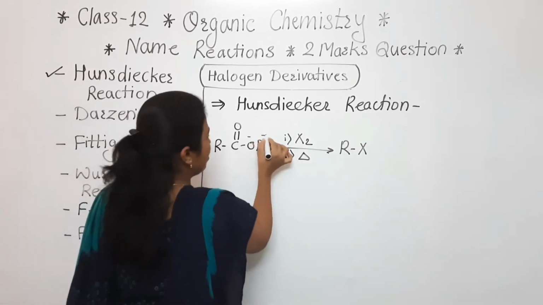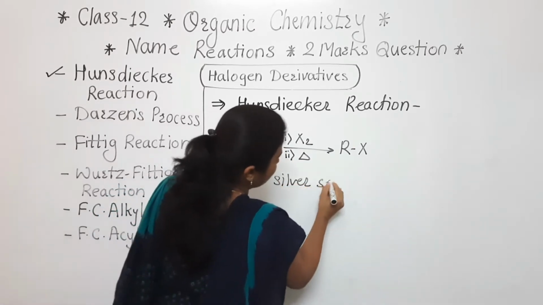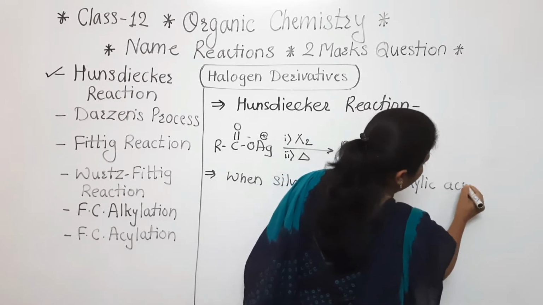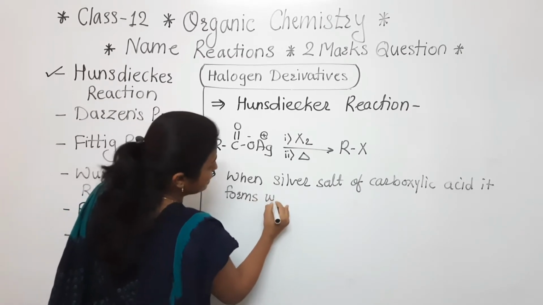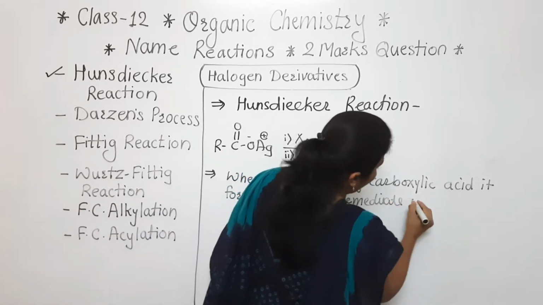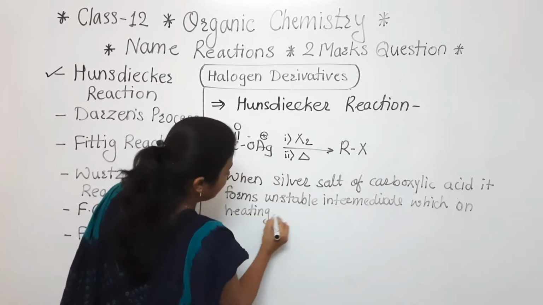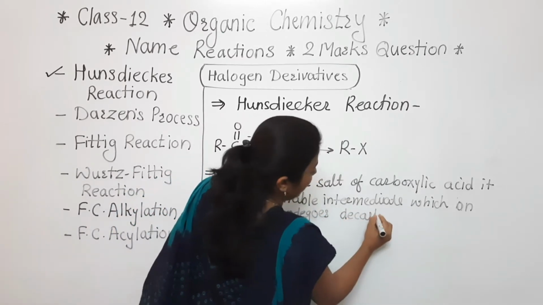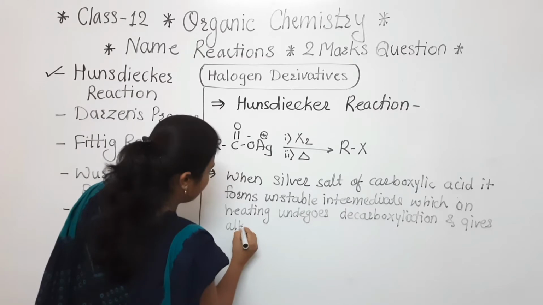Now see how to write its statement. In that we can write here, when silver salt of carboxylic acid forms an unstable intermediate, which on heating undergoes decarboxylation and gives alkyl halide.